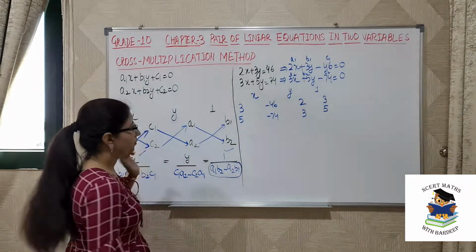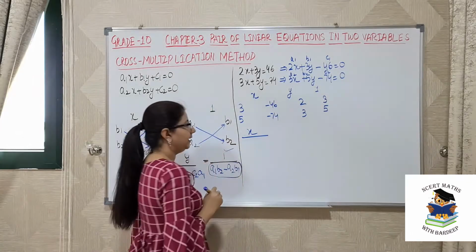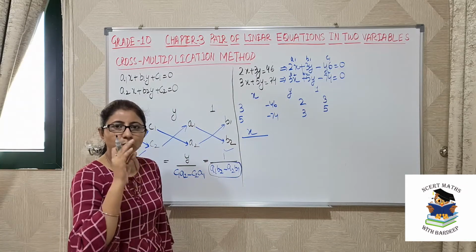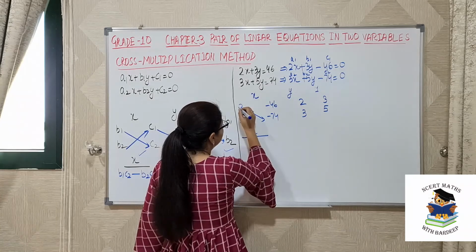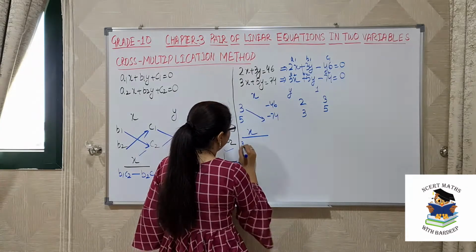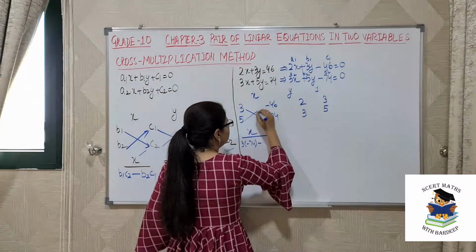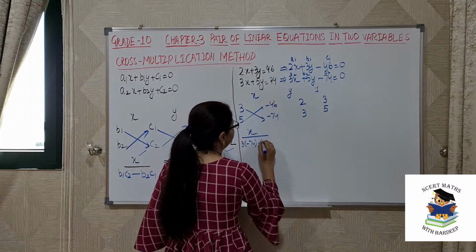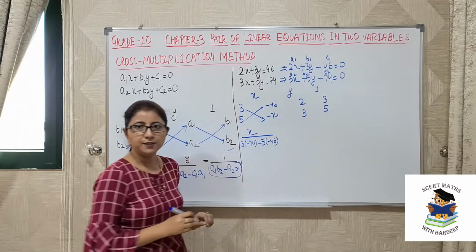So now we will cross multiply. Since I have already told you, if you get any confusion, make the arrows one by one. I'll make this first: I will multiply 3 with minus 74, minus this arrow, that is 5 multiplied by minus 46.